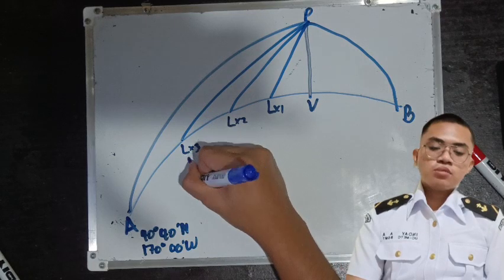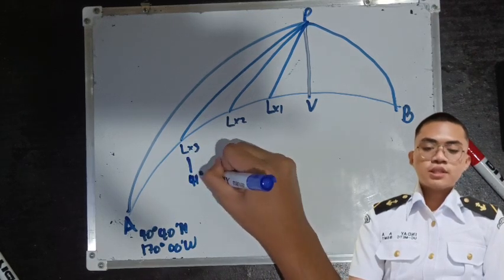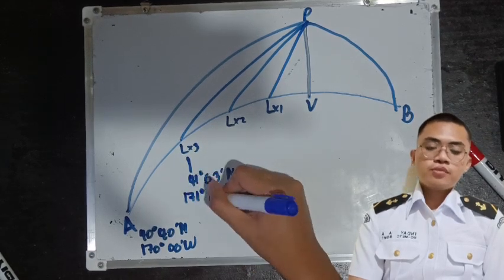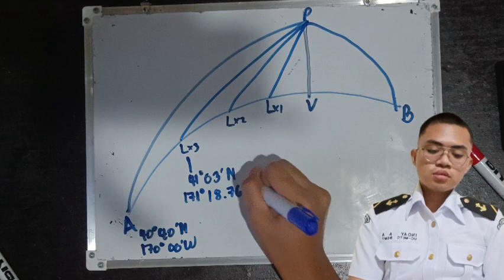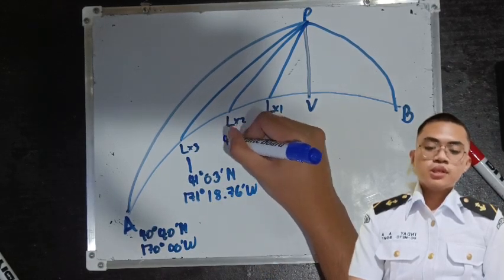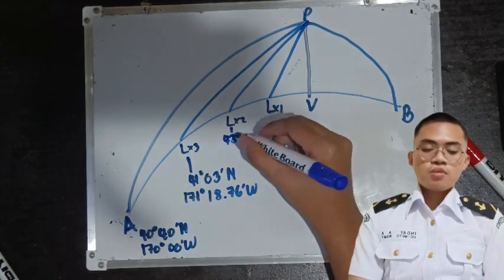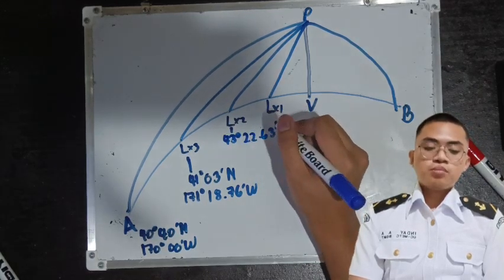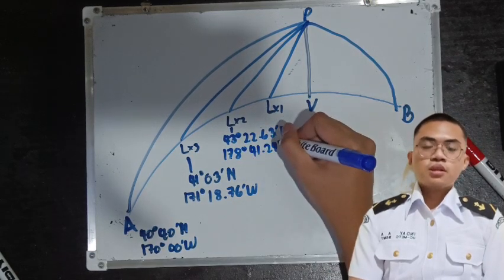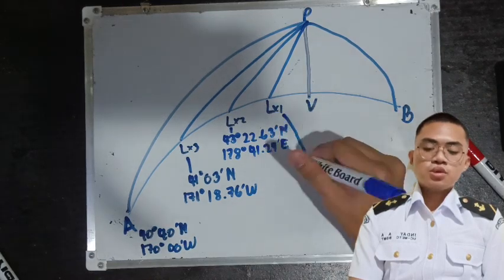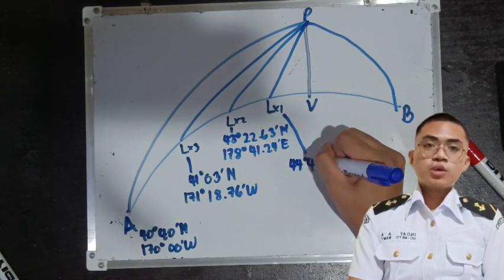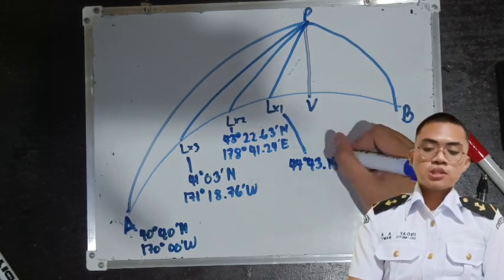The vertex is equal to 45 degrees 09.5 minutes north, 158 degrees 41.24 minutes east. The third successive latitude is equal to 41 degrees 03 minutes north, 171 degrees 18.76 minutes west.